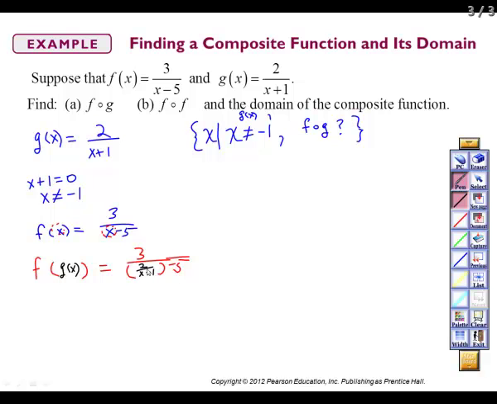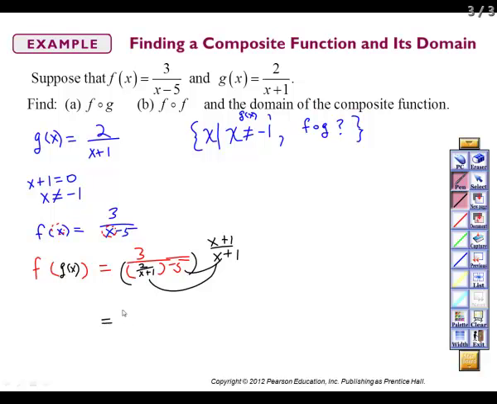Alright, now at this point we need to get rid of that x plus 1. So what we do here now is we take the denominator, we multiply x plus 1 over x plus 1. Well, at this point we have to distribute that into everything in the denominator.